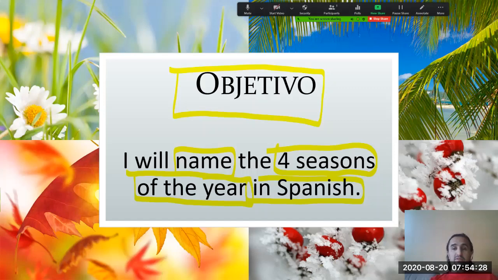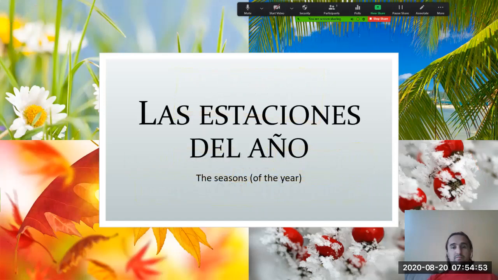You might be able to see from the pictures the 4 seasons. Maybe spring, summer, autumn or fall, and winter. Las estaciones del año.